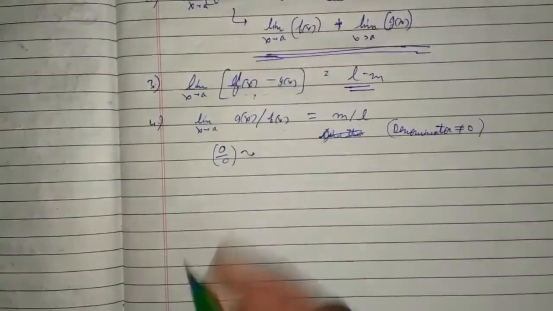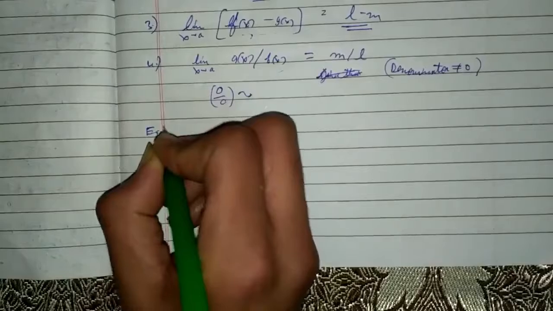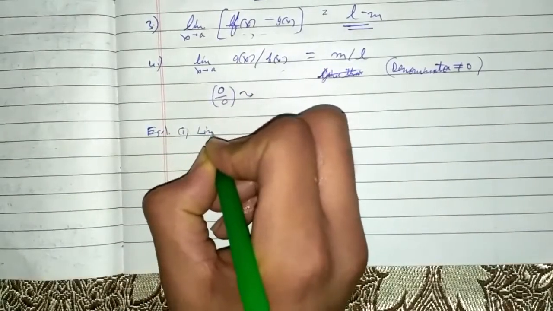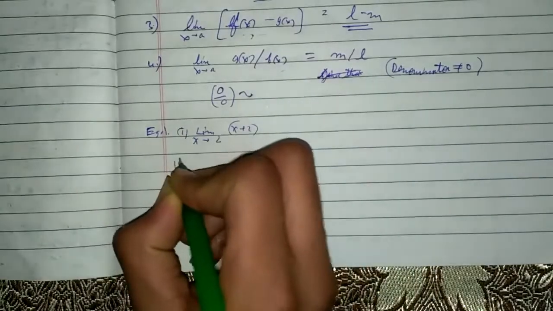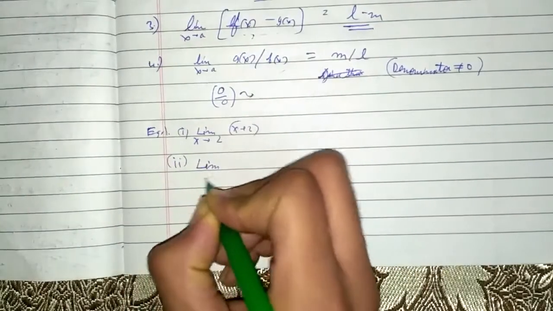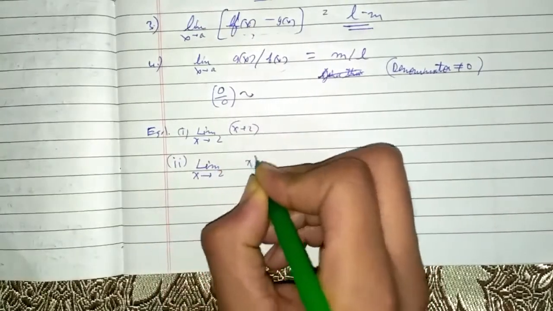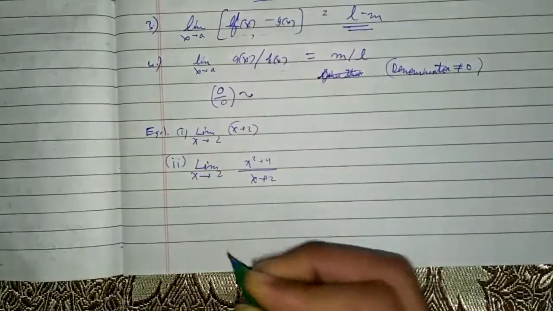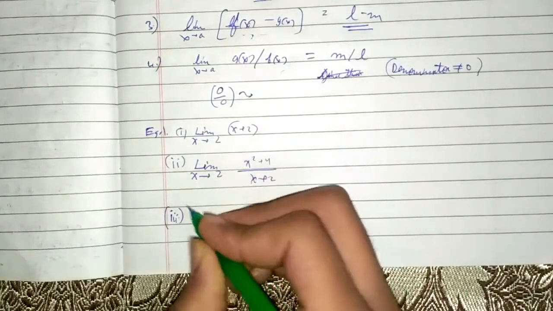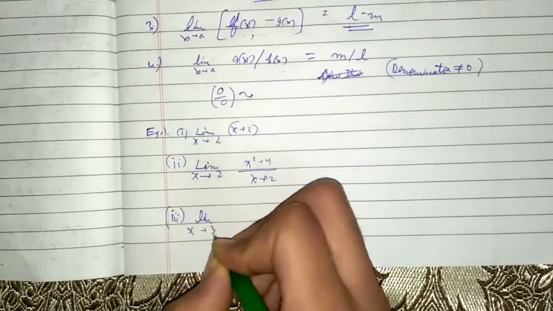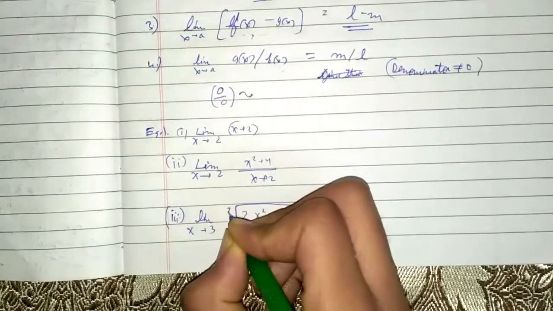So now let us move on to a few examples. The first example: limit x tends to 2 of x plus 2. Second, limit x tends to 2 of (x square plus 4) upon (x plus 2). And third, limit x tends to 3 of cube root of (2x square minus 10).